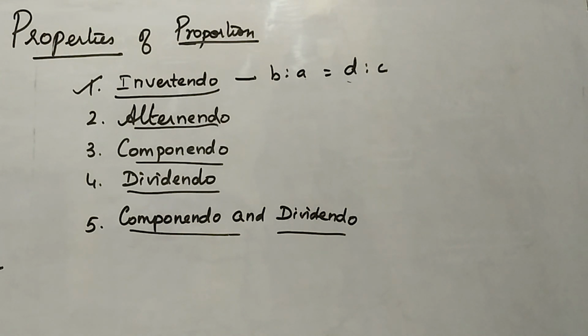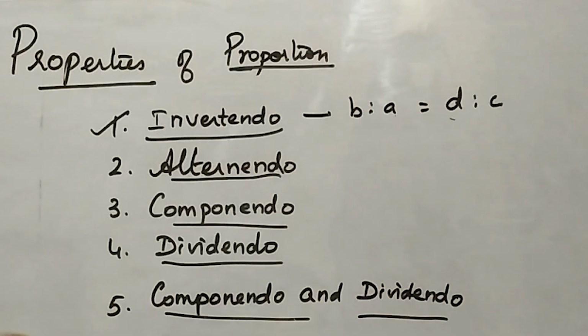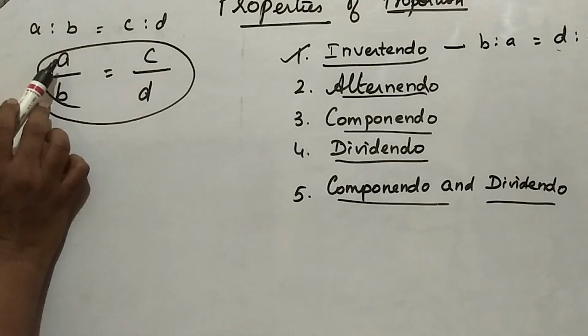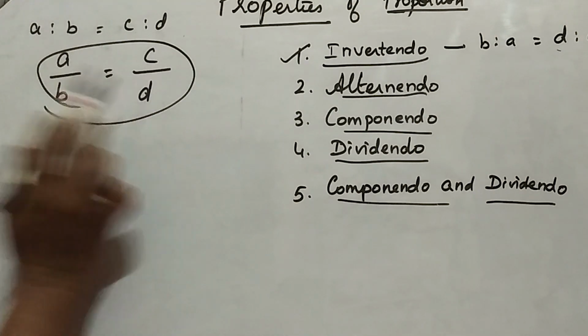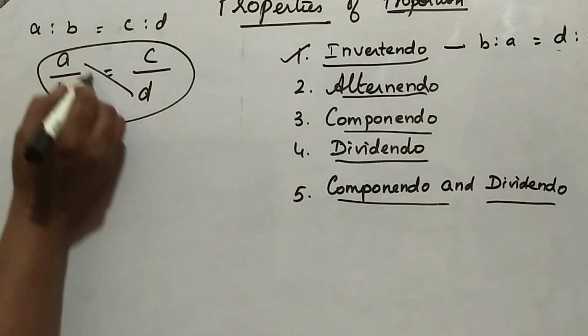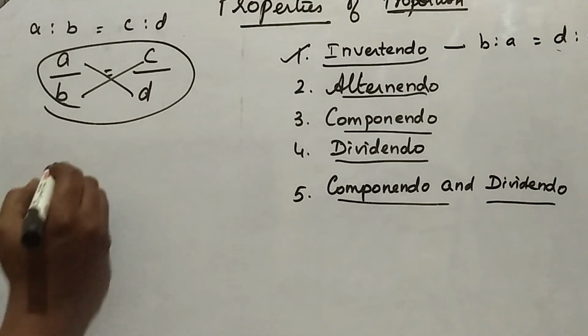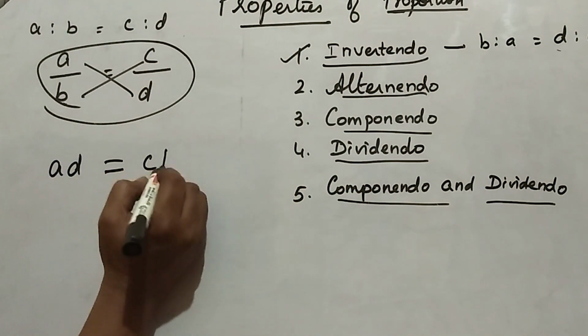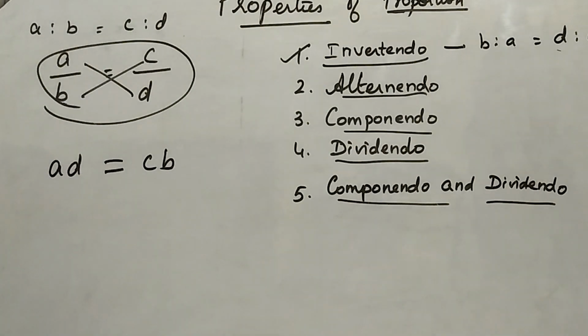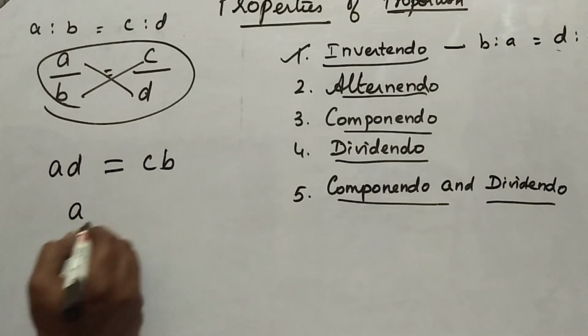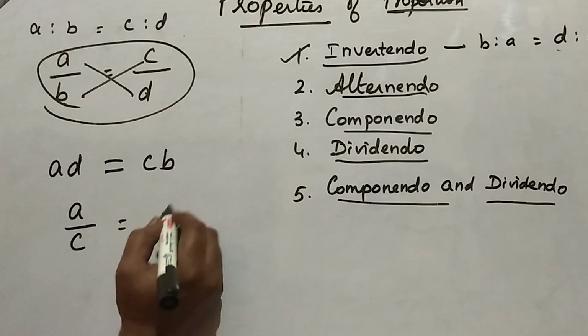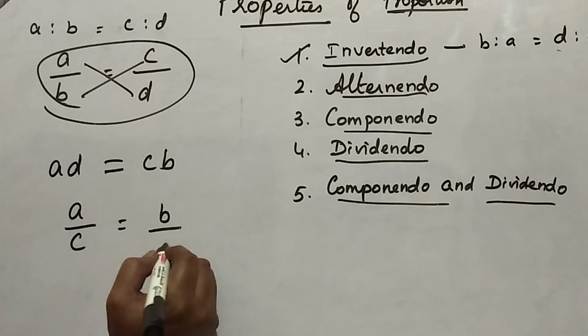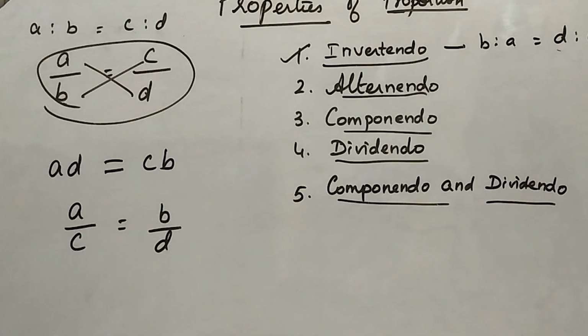Next one, alternando. Second property is alternando. So A, B, C, D. We have cross multiply. So you will write AD equal to CB. Next, A upon C is equal to B upon D. Can we write?